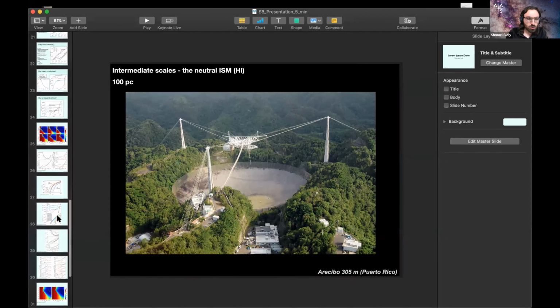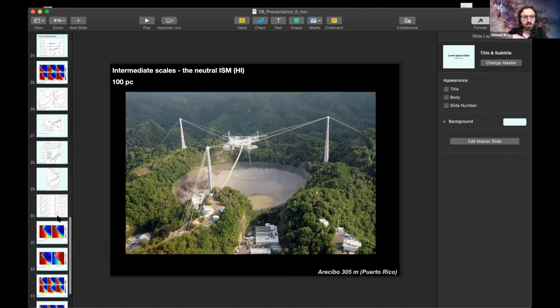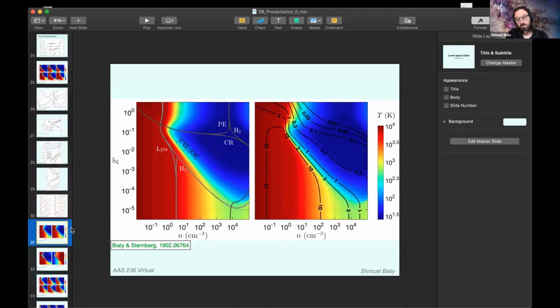Sometimes you cannot, but when you have 21 centimeter in emission, sometimes people decompose it into a narrow component and a wide component. This gives you a sense of the amount of CNM and WNM, and whether these phases are in the galaxy. That's for extragalactic observations.